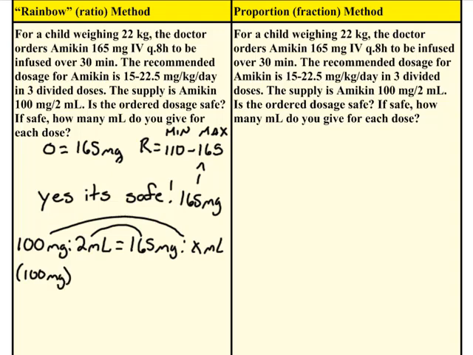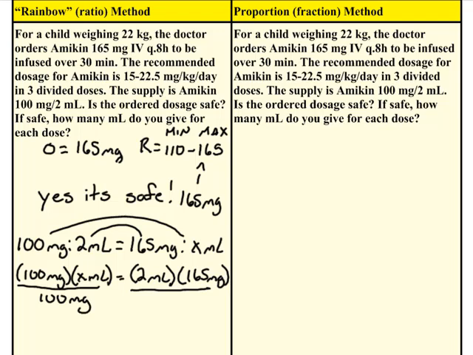We have 100 milligrams times x mLs equals 2 mLs times 165 milligrams. We then will divide both sides by 100 milligrams in order to give x by itself. Once we perform the calculation, 2 milliliters times 165 divided by 100, we'll see that we need to give 3.3 milliliters.